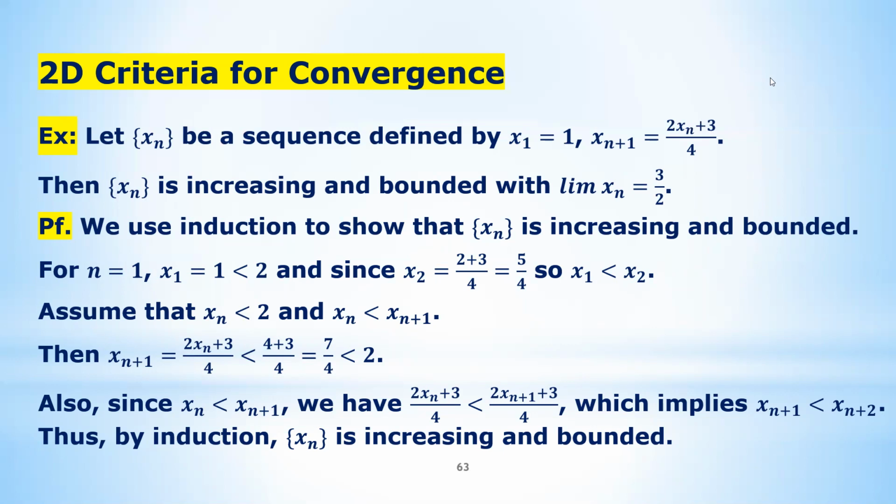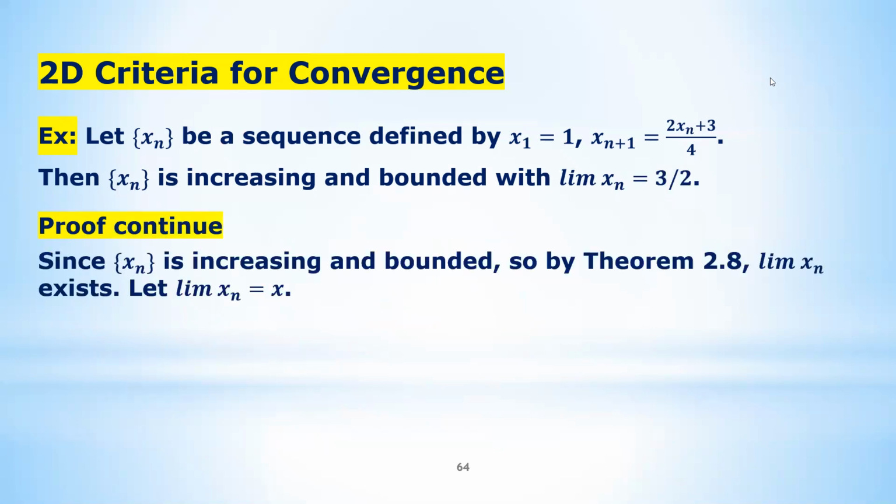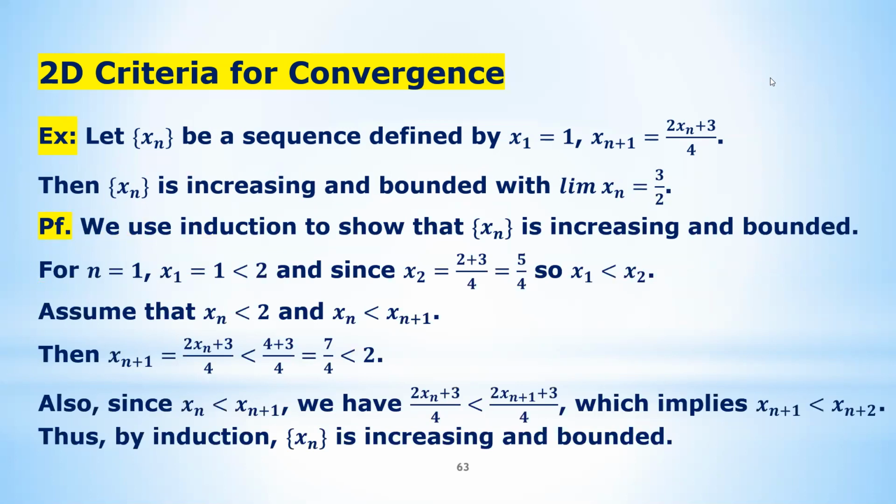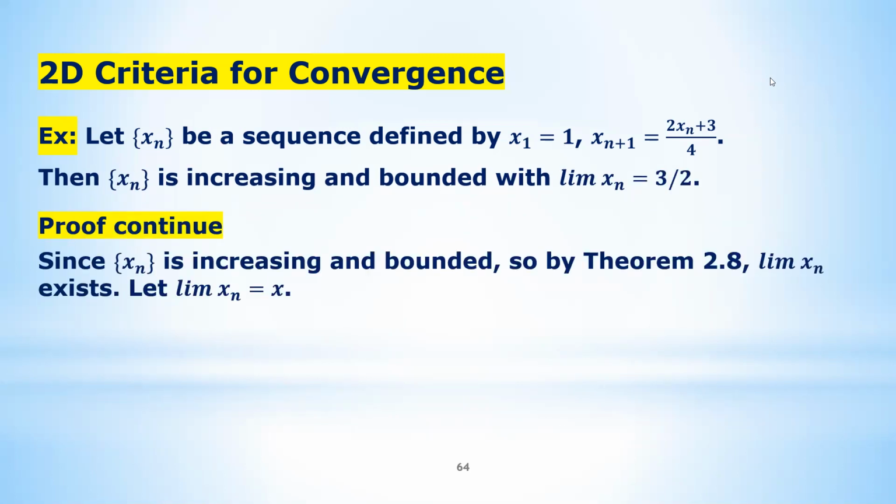And so both imply that the sequence is bounded and increasing. Hold on just a second. Yeah. So our goal is to show the limit equals 3/2. Now, since the sequence is bounded and increasing, by theorem 2.8, the limit of xn exists. Therefore, I can say that the limit equals x.